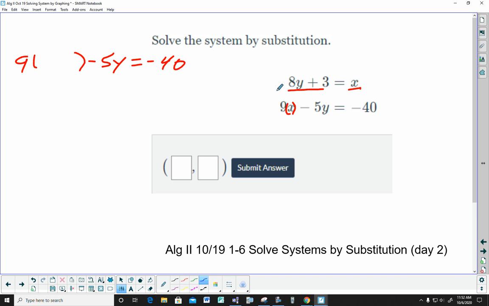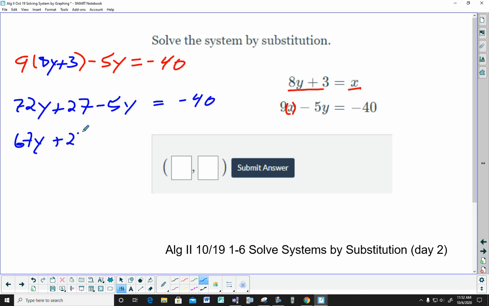That x value is worth this much. Distribute the 9 in. Collect like terms.